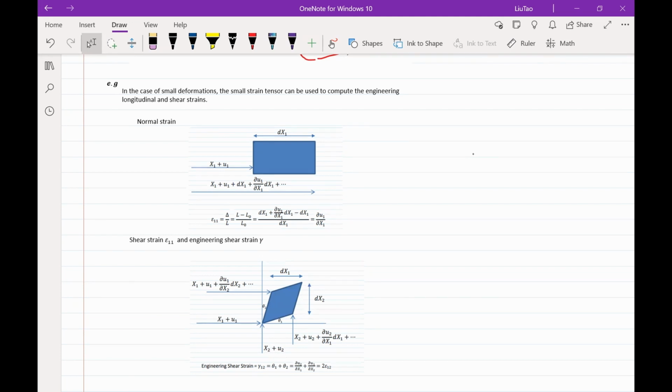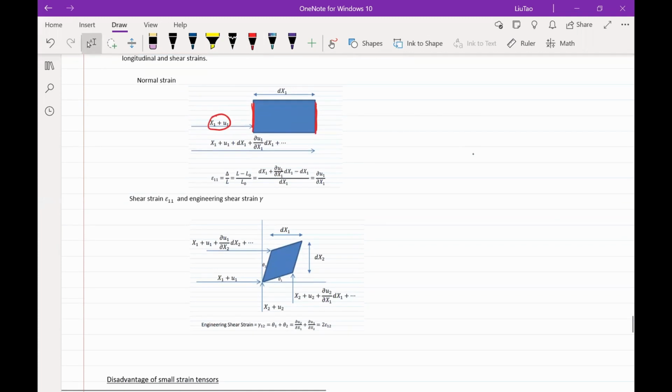If we have a very small length dx1, and the displacement function of this piece is u1, then after deformation, the left side will have a new position, which is x1 plus u1. So the right side will have a new position, which can be expressed as x1 plus u1 plus dx1 plus partial u1 over partial x1 times dx1.